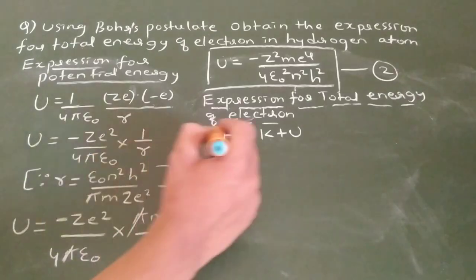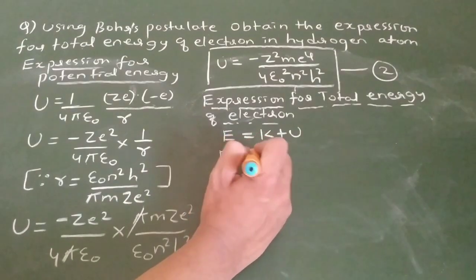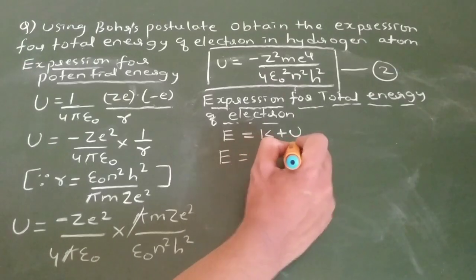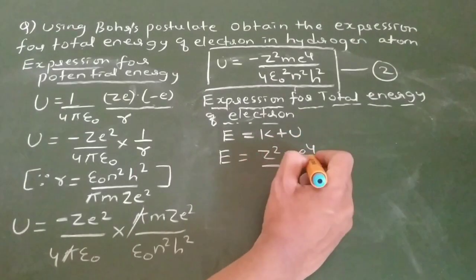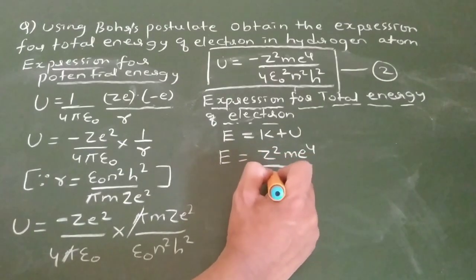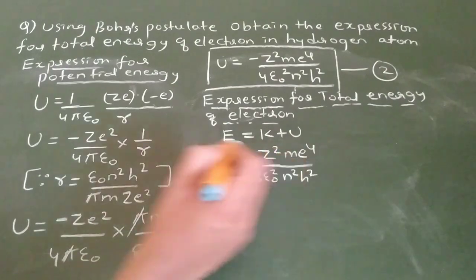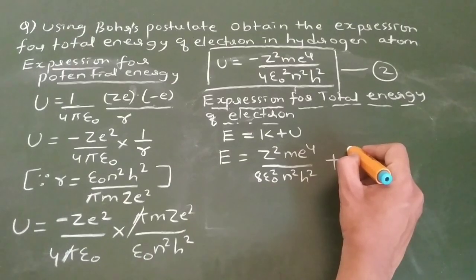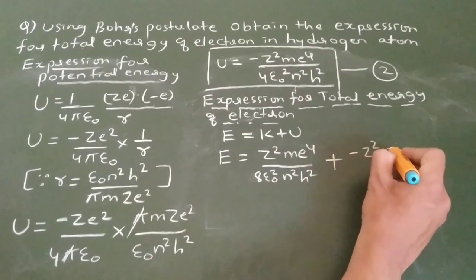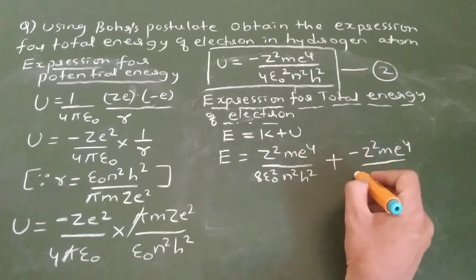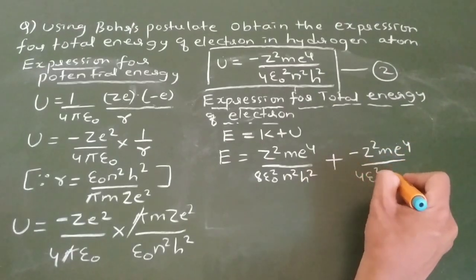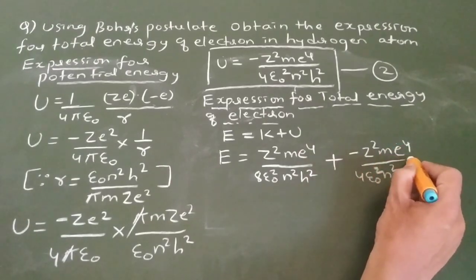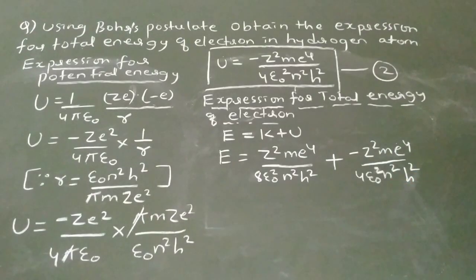What is K here? From equation 1, K is given by Z square m e to the power of 4 divided by 8 epsilon naught square n square h square. Plus, what is potential energy? Minus of Z square m e to the power of 4 divided by 4 epsilon naught square h square. Are you getting that?